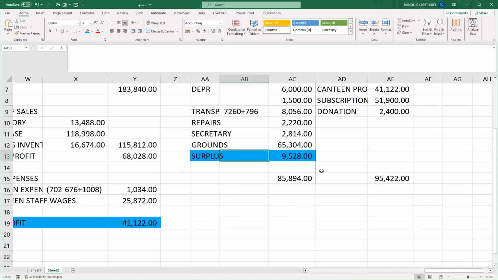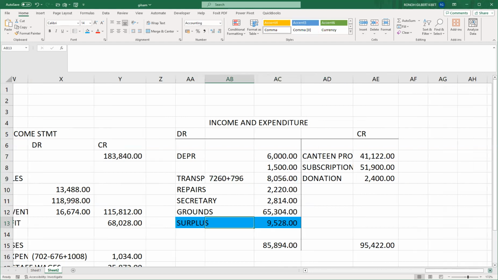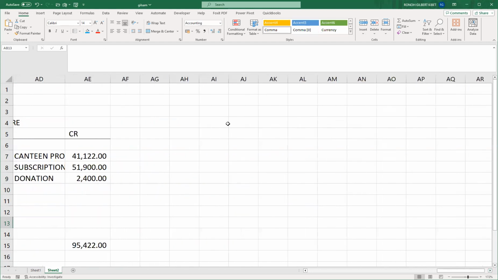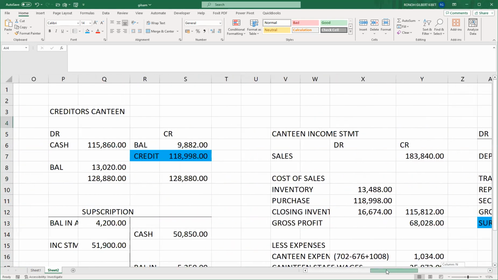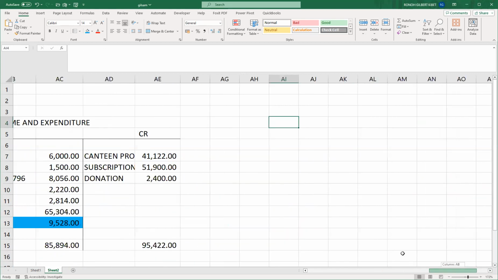So we can have the balance sheet now here, either SFB or the statement of financial position.